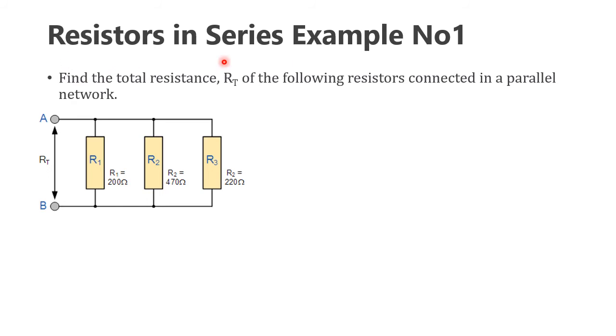So here is an example question for resistors in parallel. Find the total resistance RT of the following resistors connected in a parallel network. So previously we have learned that the equation to find the parallel resistance is RT, the reciprocal sum of each resistor.